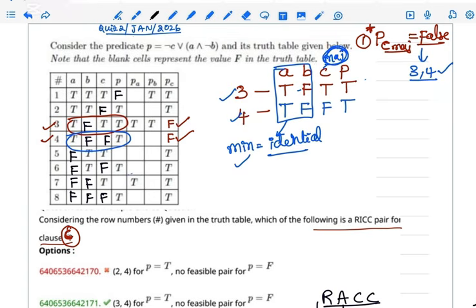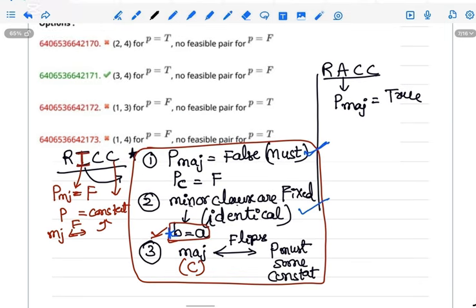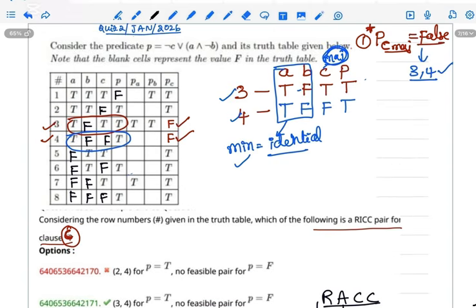Next, if the major clause flips, that is, C changes its value from true to false, the predicate must be constant. So all these conditions are satisfied. So 3 comma 4 is a RICC pair.